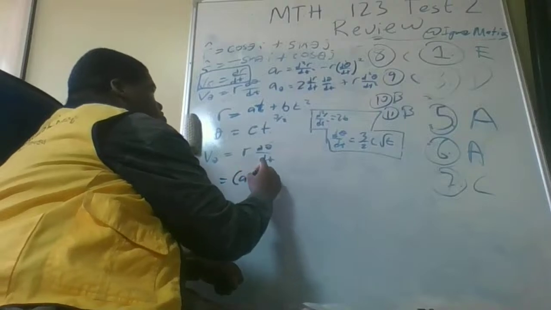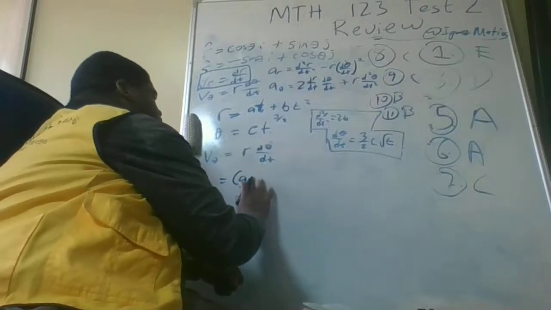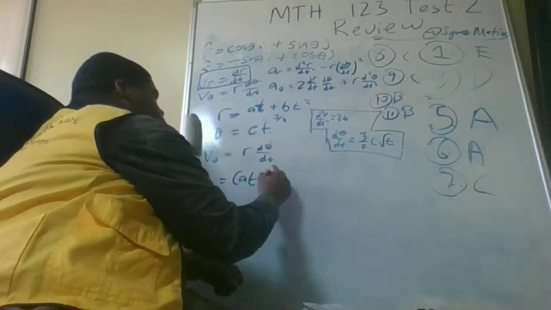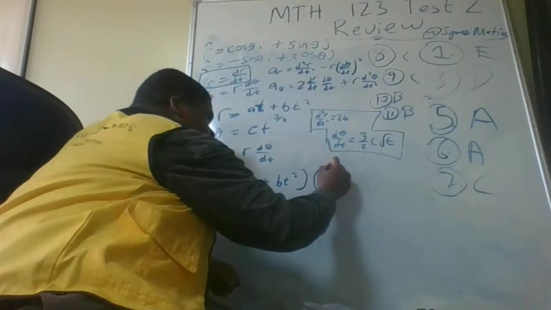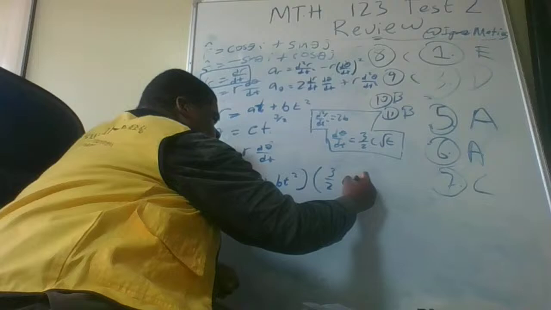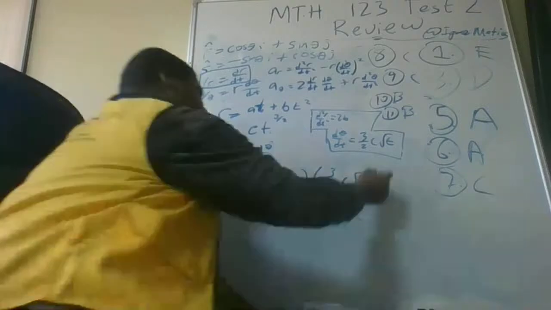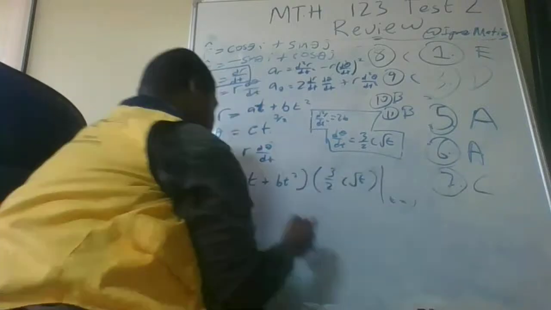So this is going to equal (at + bt²) times (3/(2c))√t. This is at time equal to 1.